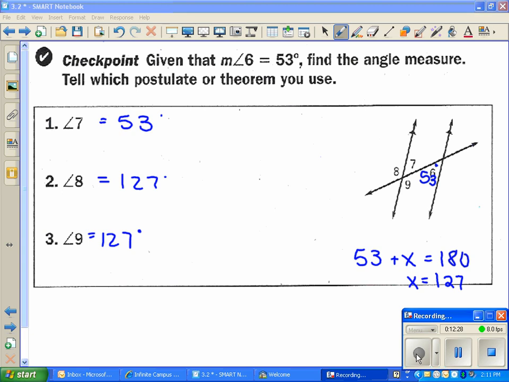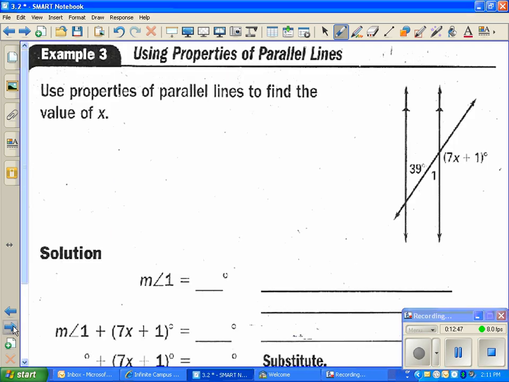Vertical. Is it good? So you're going to use all your previous knowledge. You're going to use information about linear pairs. Okay, you're going to use information about vertical angles. And if the lines are parallel, consecutive interior, alternate exterior, and corresponding.